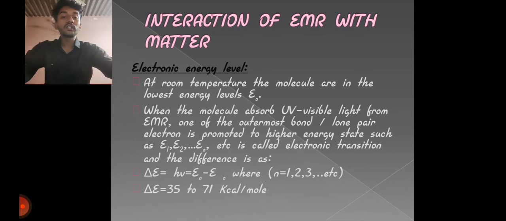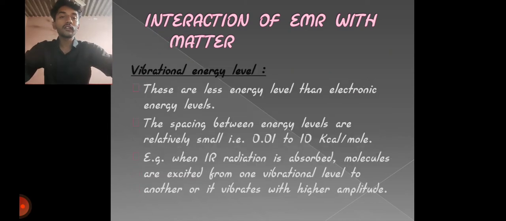This is called an electronic transition, and the difference is delta epsilon is equal to HV is equal to epsilon n minus epsilon naught, where n is equal to 1, 2, 3, etc. And delta epsilon is equal to 35 to 71 kilocalories per mole.